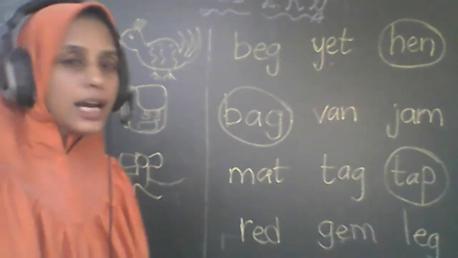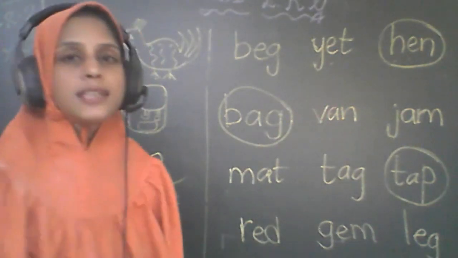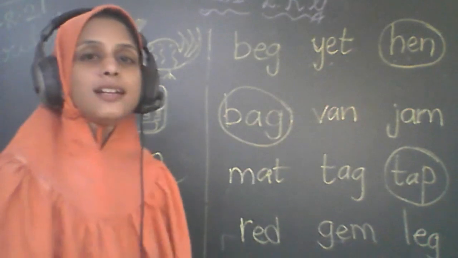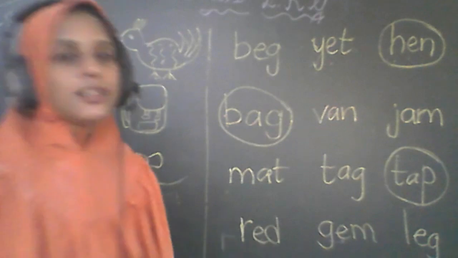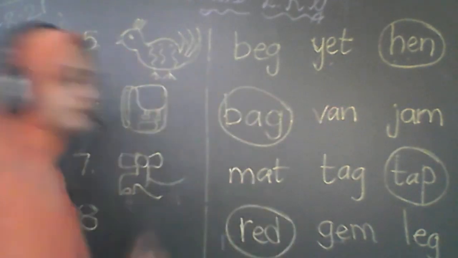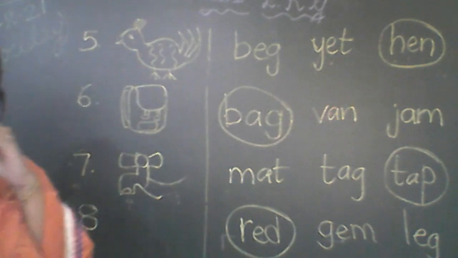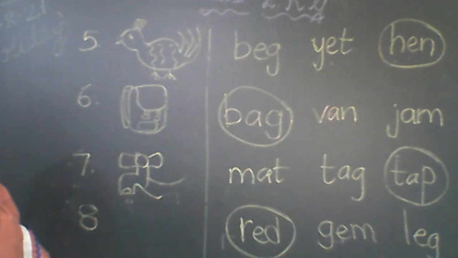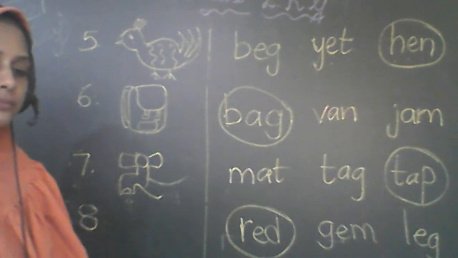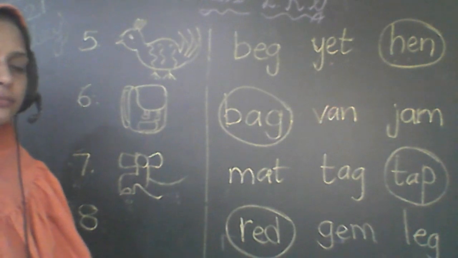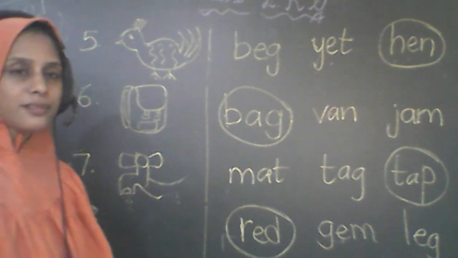R-E-D. R says R, E says E, and D says D. Red. So the first word is correct only, red. Encircle it.